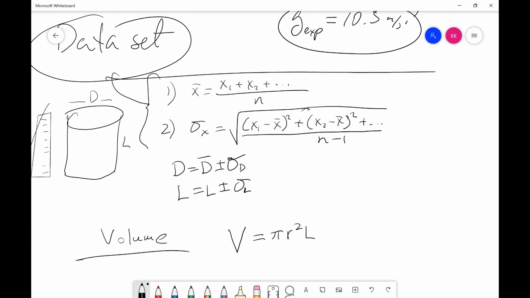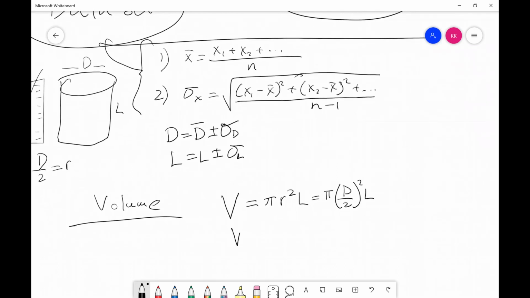Because what we have here is, we understand that half of the diameter is what the radius is. So then we can replace the radius with half of the diameter. And then basically we have this equation for volume: pi over 4, because 1/2 is squared, so pi over 4 times diameter squared times length. So this is my equation that I can use to find volume.